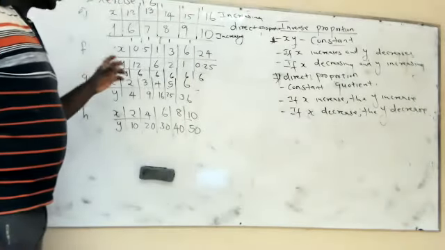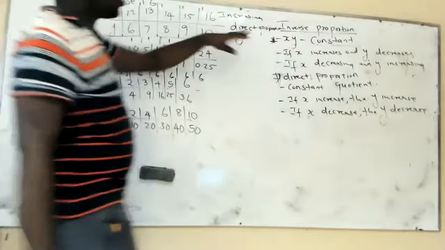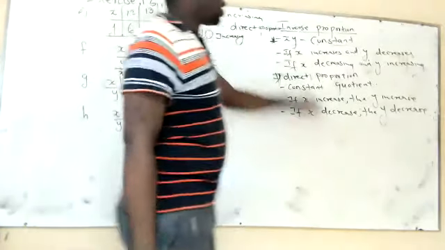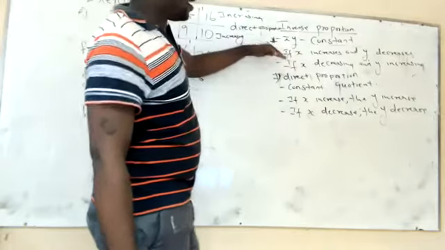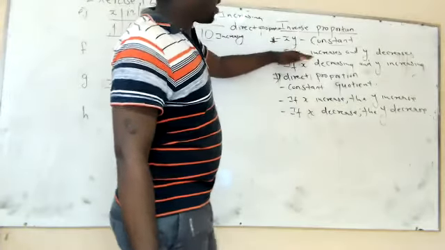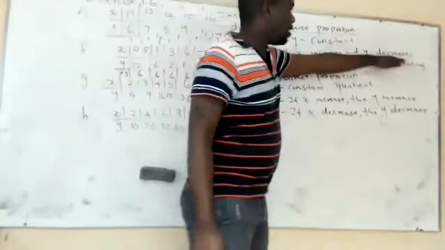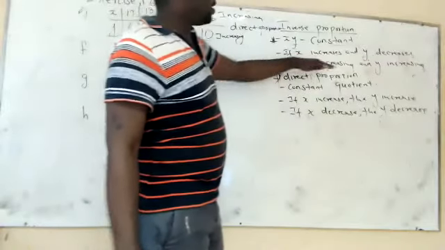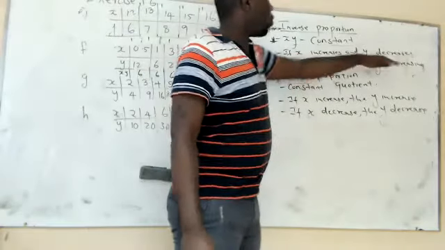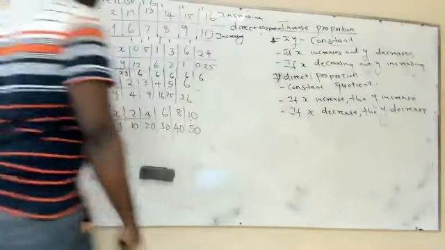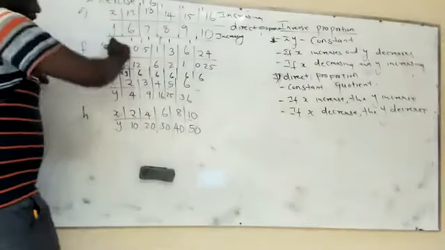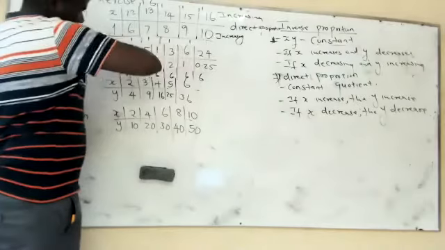But that does not give you a go-ahead to conclude that it's inverse proportion. So you need to go further and check if when X increases, does Y decrease? If X decreases, does Y increase in that case? So let's check together. These values of X were given here.